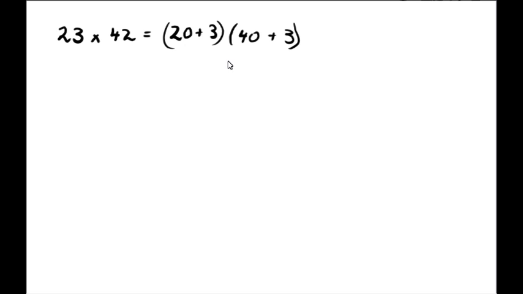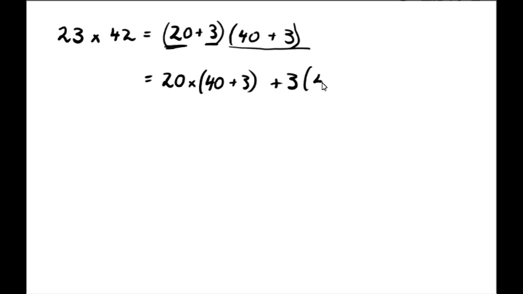Now, unfortunately, it isn't as easy as the other one, but what we say is this first number that we split it up is going to be multiplied by the second bracket. And then we add the second number times the same set of brackets.